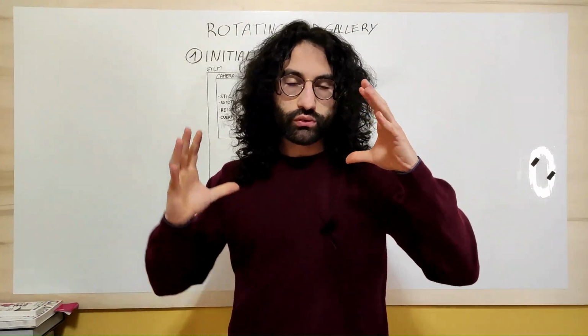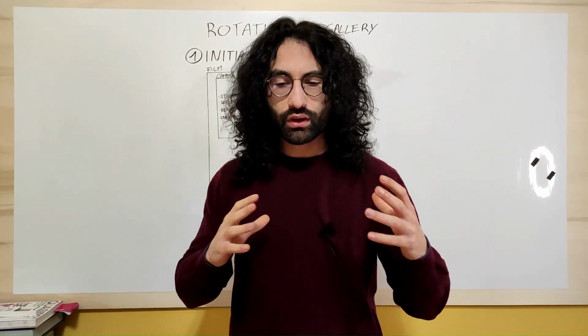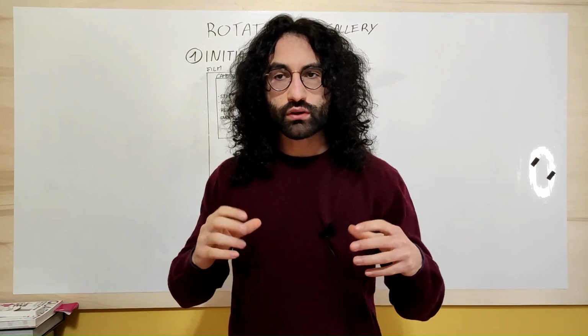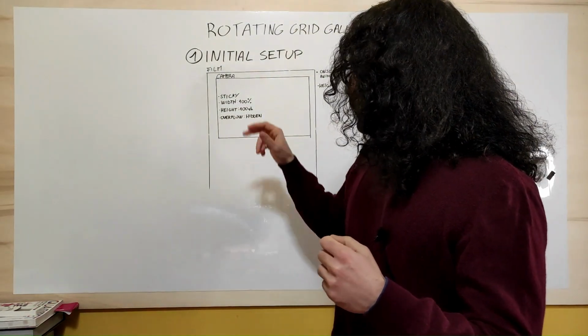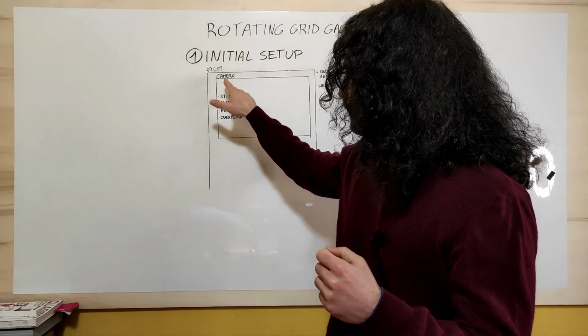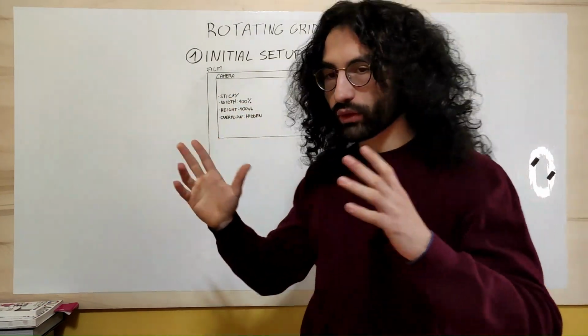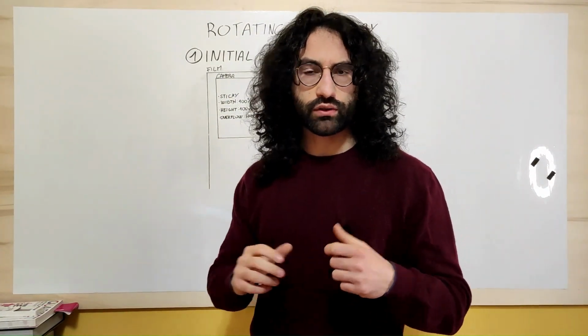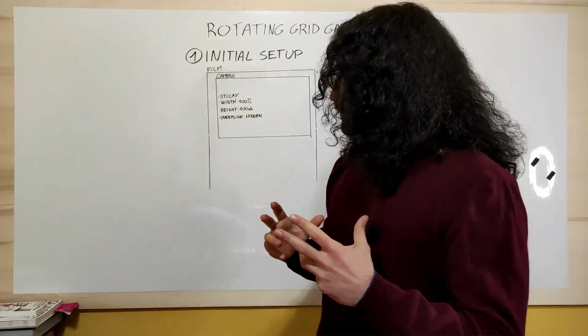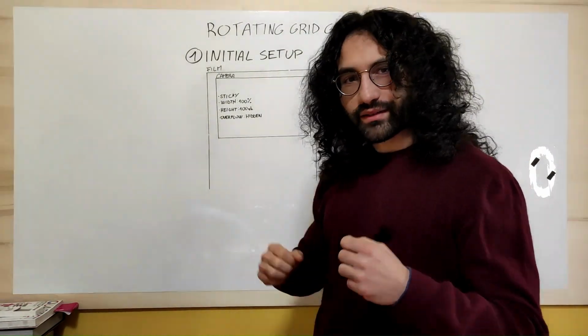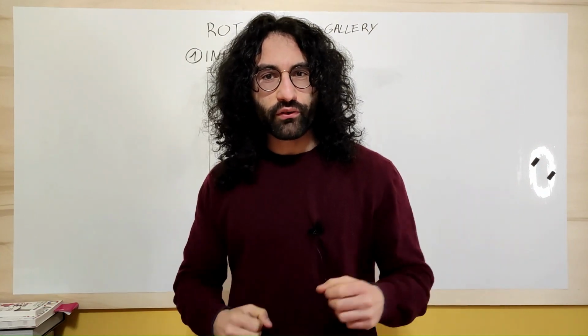And because we are going to rotate our grid and this could cause overflowing issues, to avoid that, we are going to set the overflow property on the camera to hidden, just to avoid those horizontal scrolling issues that could happen. Now, let's stop talking and let's go right into Webflow for step 1.